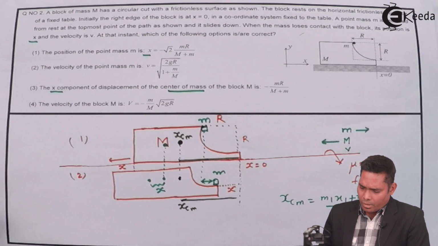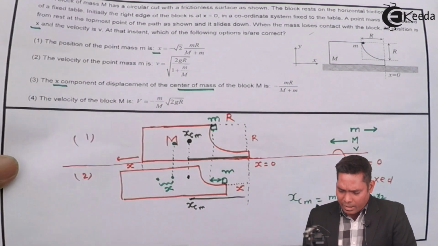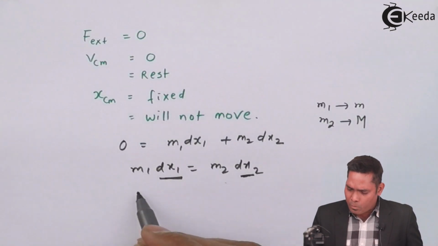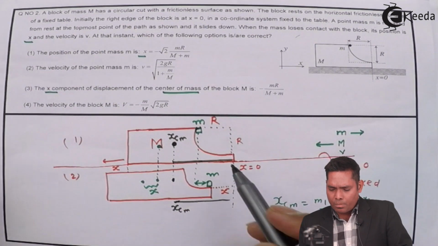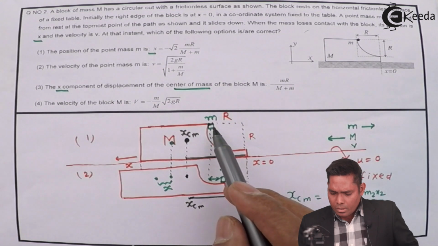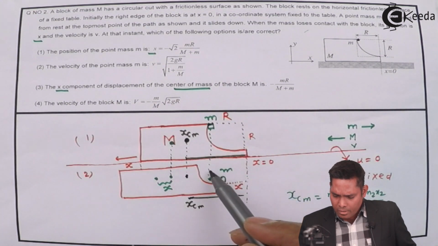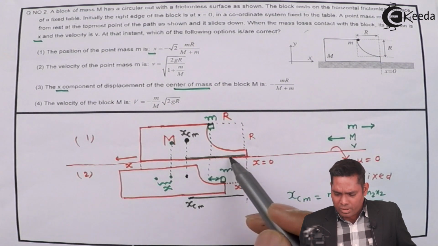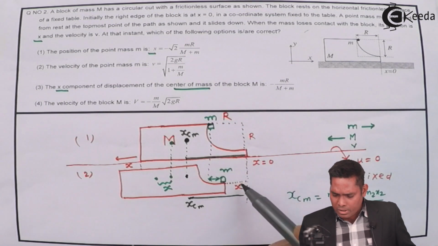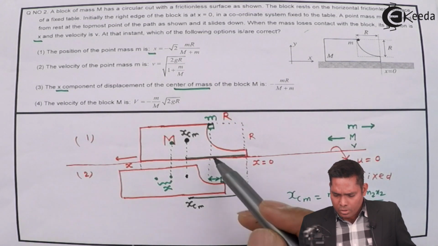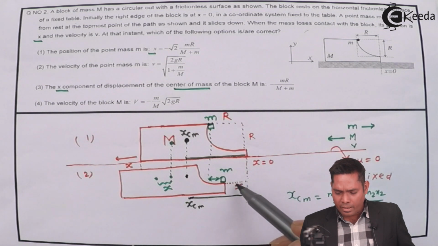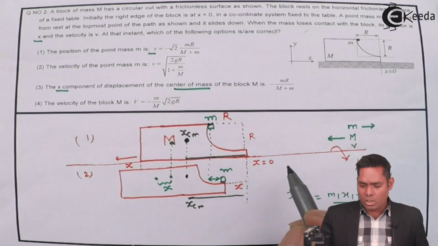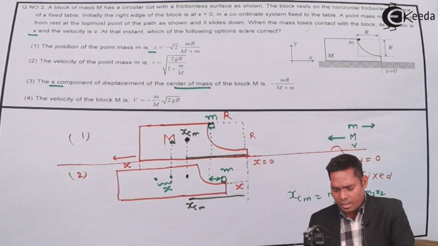Then I will write m1 dx1, m1 I write m. What is dx1? What is the displacement of this small mass? Earlier it was at a distance r from the origin. Now it is at a distance x. So r minus x is the change. So dx1 is r minus x.